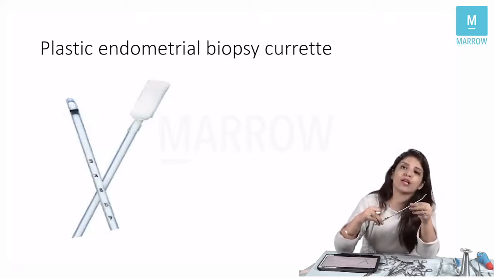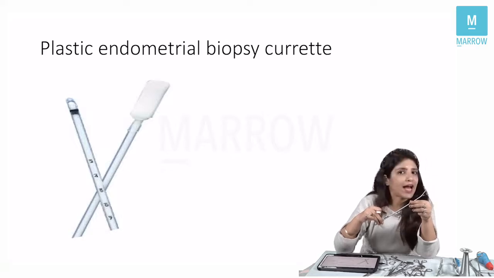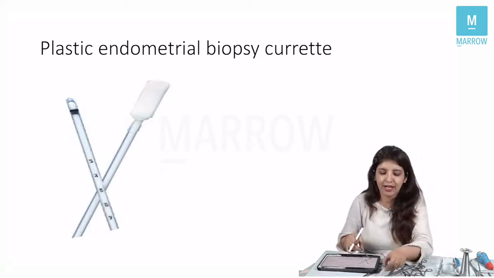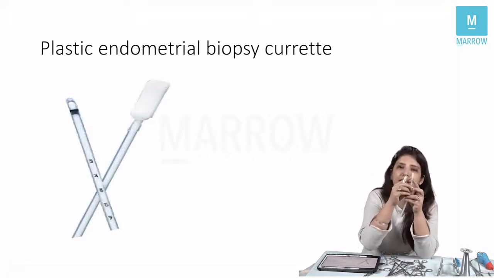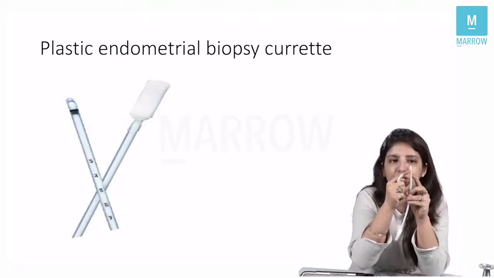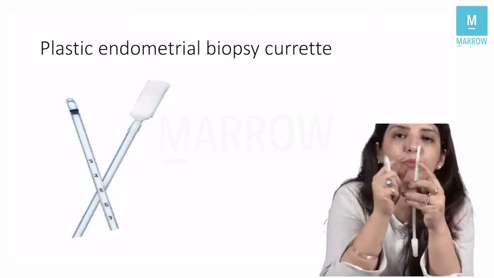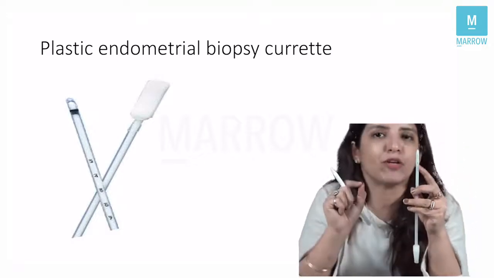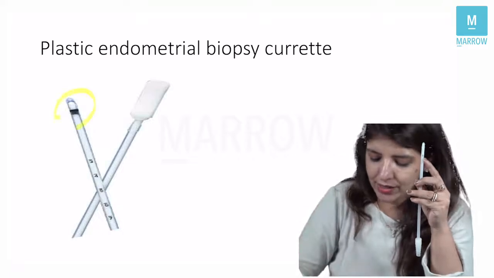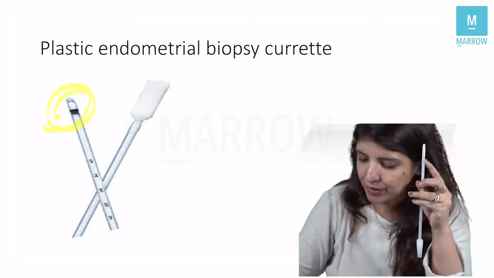The best way to differentiate between an endometrial biopsy curette and a Carman's cannula is that in a Carman's cannula, you get two triangular openings near the tips, right? I made you see these triangular openings. Can you see one triangular opening and the other triangular opening on the Carman's cannula? But on a plastic endometrial biopsy curette, you will get a single opening near the tip.